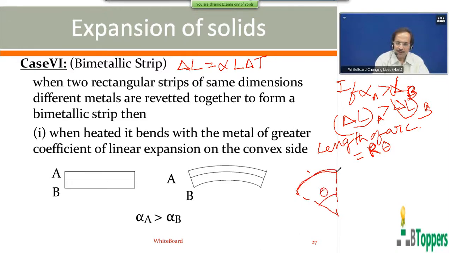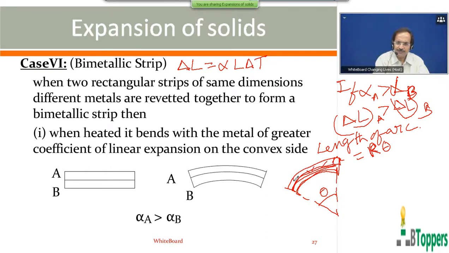Because rod A, which has the greater coefficient of expansion, will have a greater increase in length when heated, the length of the outer arc is more than the length of the inner arc.